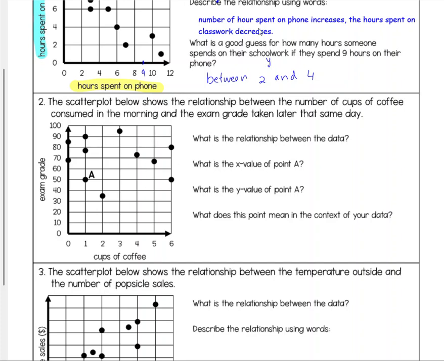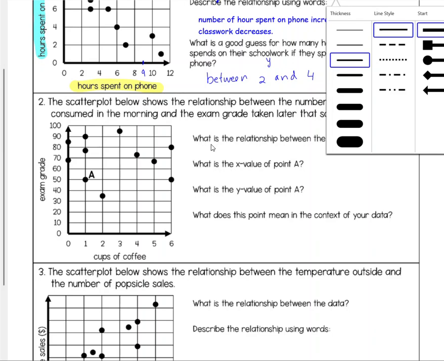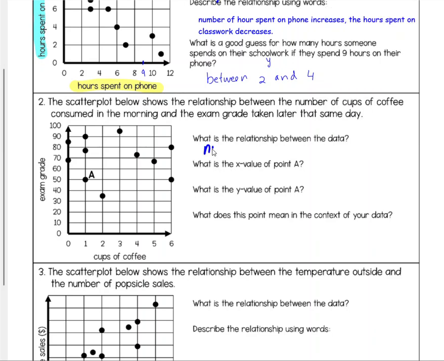What is the relationship? Well, I don't think there's any relationship. There is no relationship, so I'm just going to say none. What is the x value of point A? So point A is here. The x value is always down here on the horizontal axis, so the x value is 1. So they did 1 cup of coffee and they got a grade of 50%.